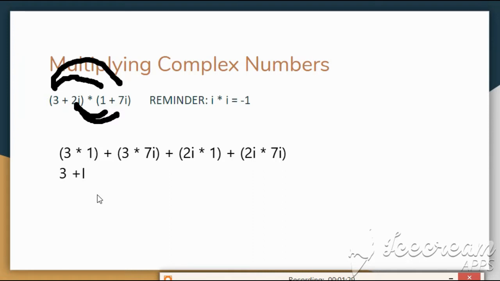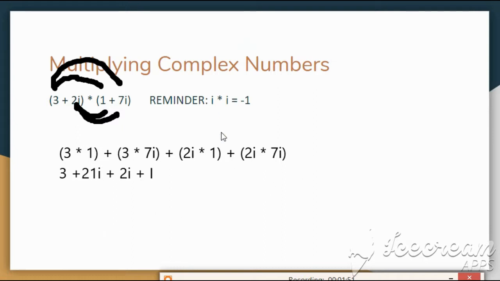3 times 7i, as I said before, when it comes to combining terms like this, you would just combine the term that's in front of the i, so we would just do 3 times 7 and then put the i at the end, so that would give us 21i. And then 2i times 1, that's just 2i, and then 2i times 7i.